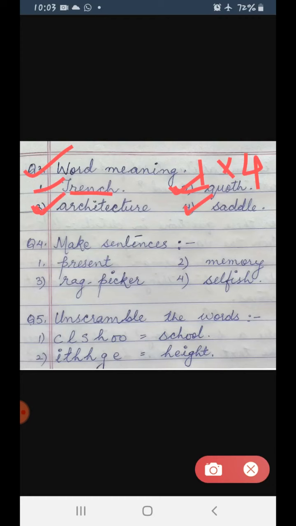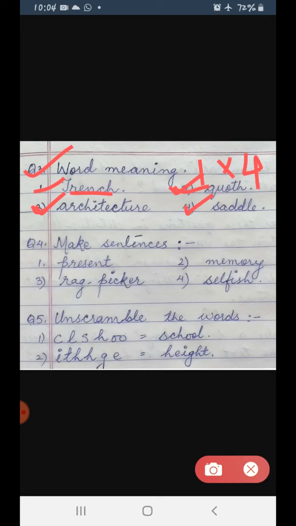Architecture is the study of construction, that is, how to construct a building or a hotel or a dam or anything. So architecture is the study of construction.